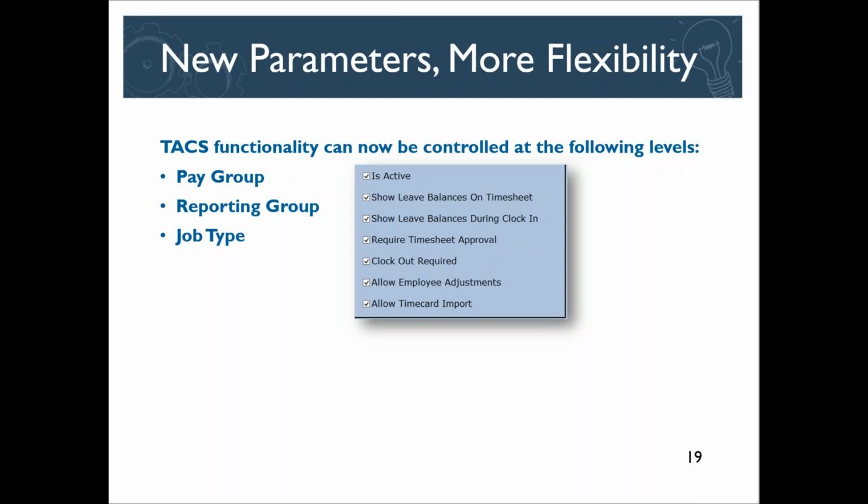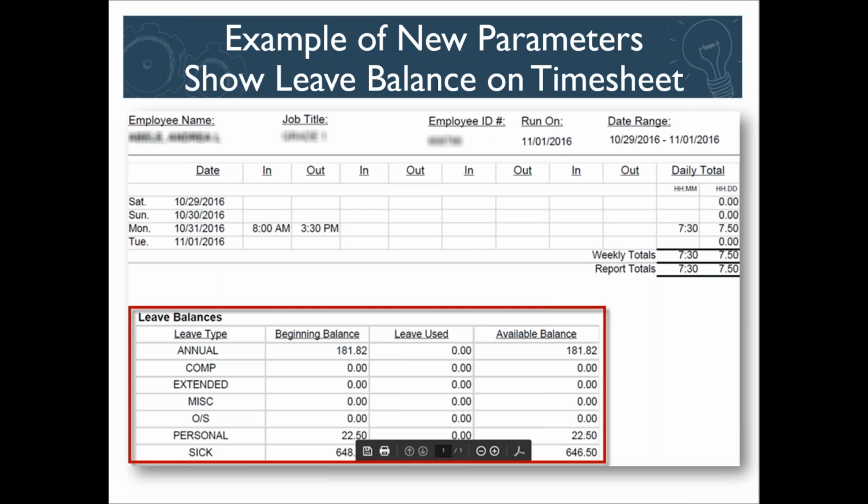I'll go over that in more detail in a second. So here I was showing the leave balances on the timesheet. You can control this by the entire district or by a group of people, depending on how you have those parameters set up.